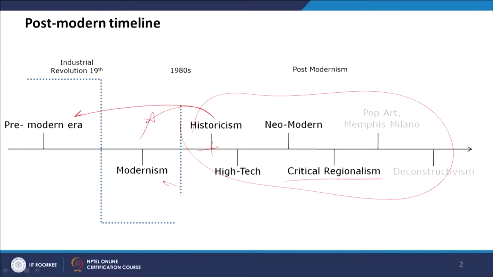High tech changed modernism into a different phase of modernism, and new modern also changed it into a different phase. Critical regionalism is a reaction against modernism. It is absolutely opposite to one particular style, the international style of modernism.